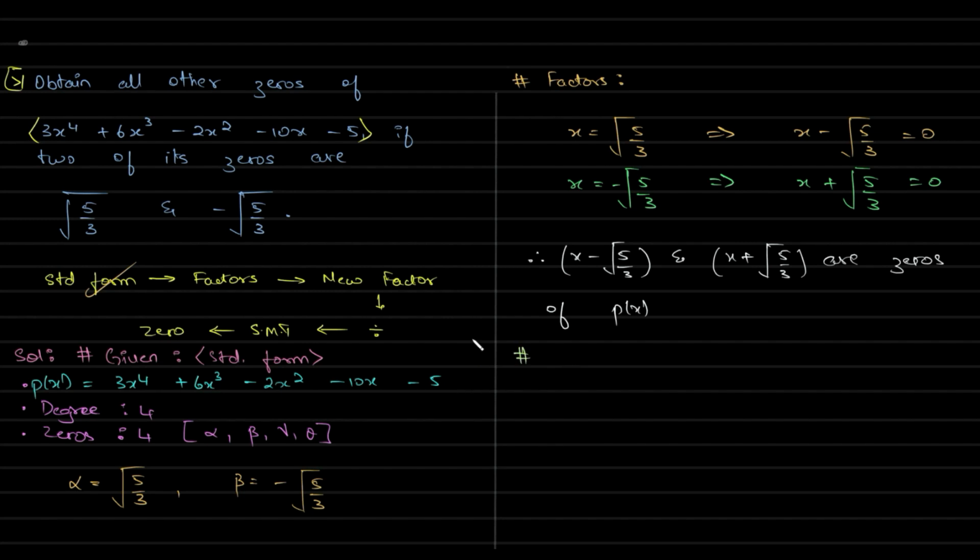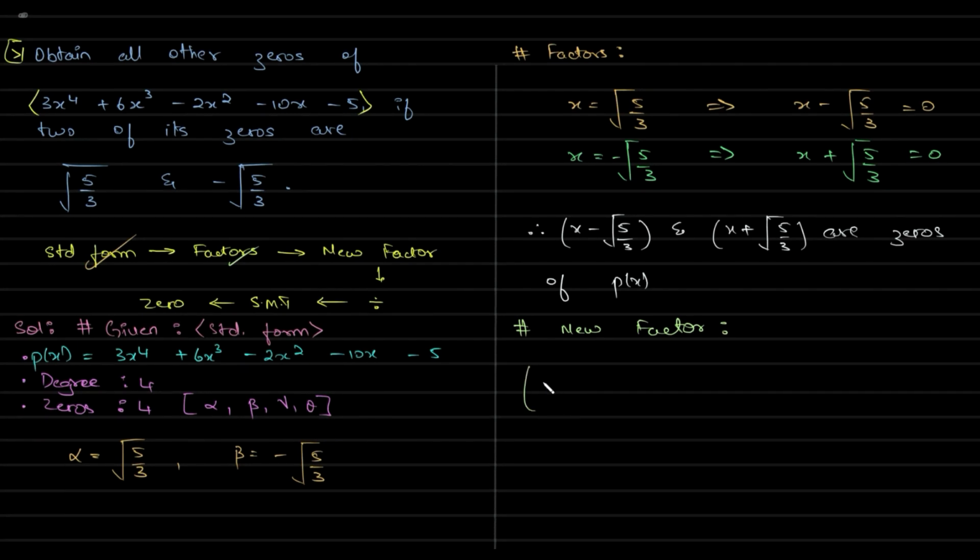Next, we found the factors. We'll find the new factor. To find the new factor, all I have to do is multiply those two terms. So we have x minus root of 5 by 3 into x plus root of 5 by 3.